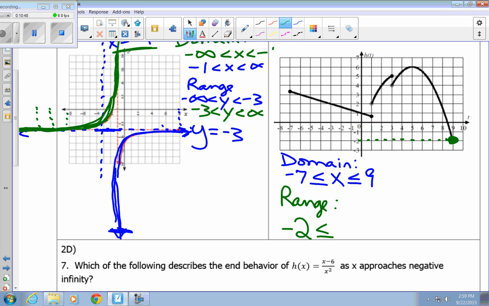And as I go up, the highest part of the graph that I'm seeing is this up here at 5, 6. This is the highest part of the graph. The y value there is at 6. And it's an actual coordinate there, so it's equal to 6. So this is saying all of your graph, I can name any y value between -2 and 6. My graph, there's a graph in between those points.